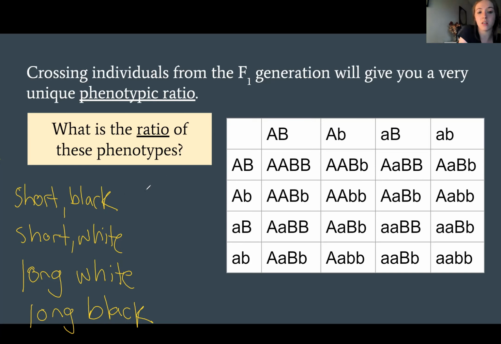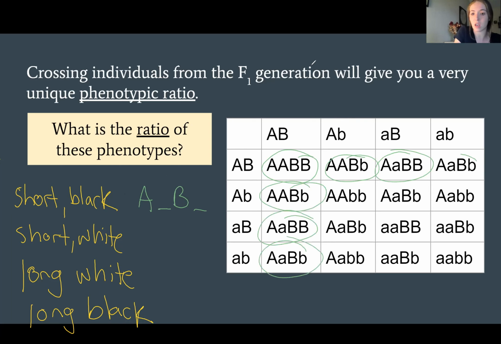This is going to be the dominant characteristic, so we'll use the green color for this. This is going to be 2 dominant alleles. Now, each of these boxes that I'm going to circle represents the possibility of getting a short black offspring.